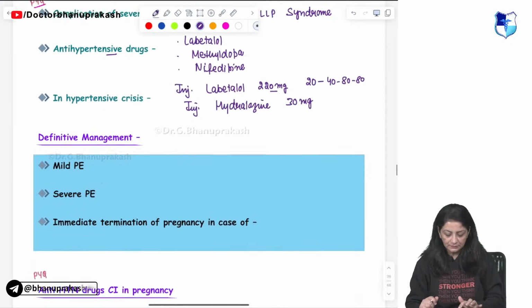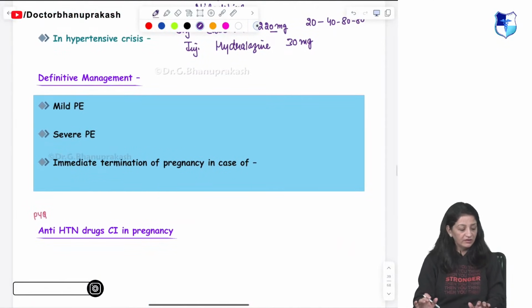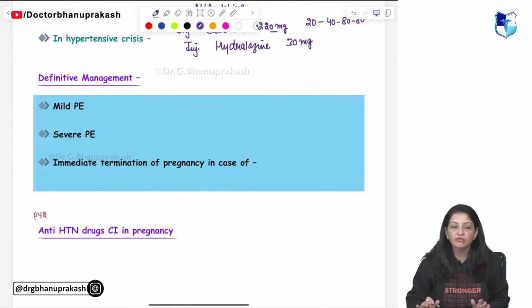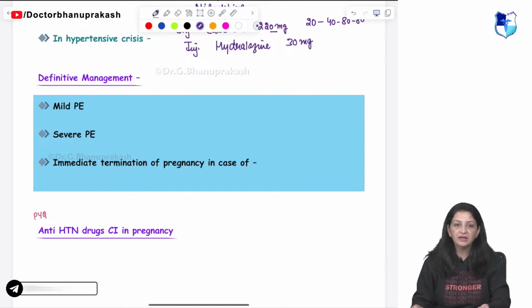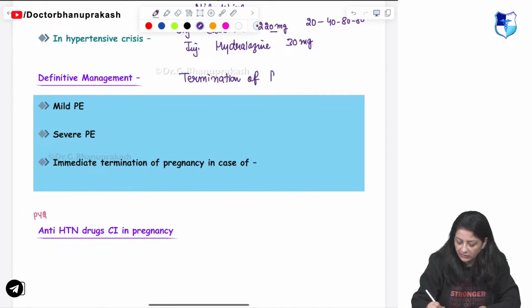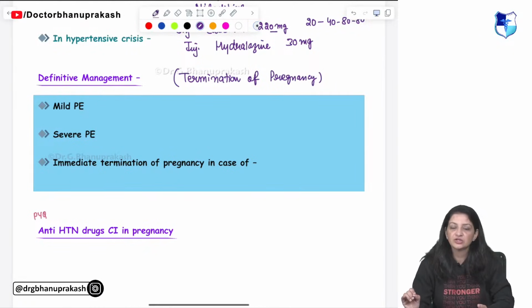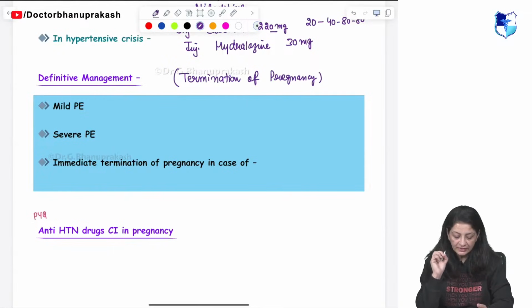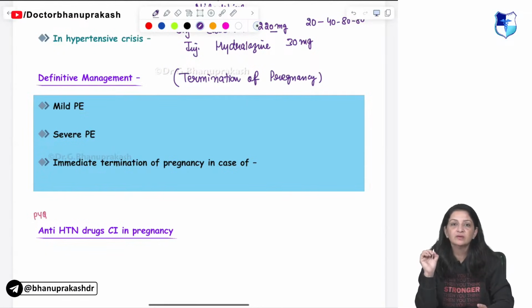Okay, now what is the definitive management in case of mild preeclampsia? So definitive treatment in pregnancy is termination of pregnancy. Termination of pregnancy is the definitive management of hypertension in pregnancy.